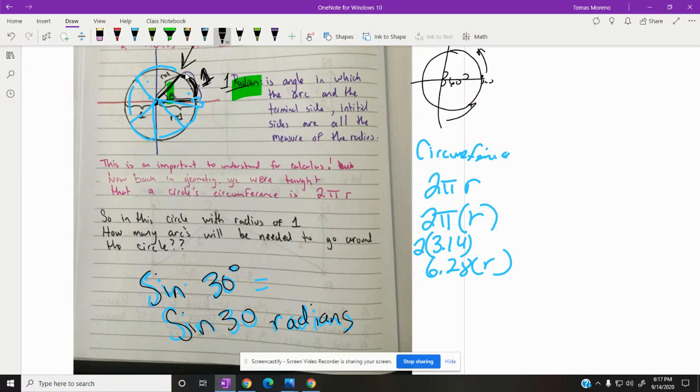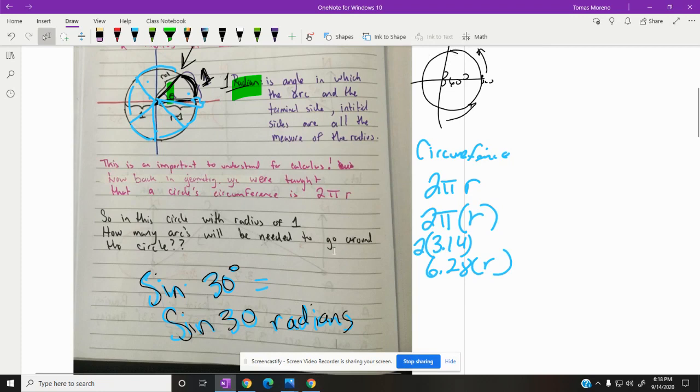So now we have to break it down. Now let's figure out how much each radian equals in degrees. But in order to do that, we kind of have to use some knowledge that we already know. So right now, we know we need 2 pi r radians. That's going to give us the full 360 degrees.